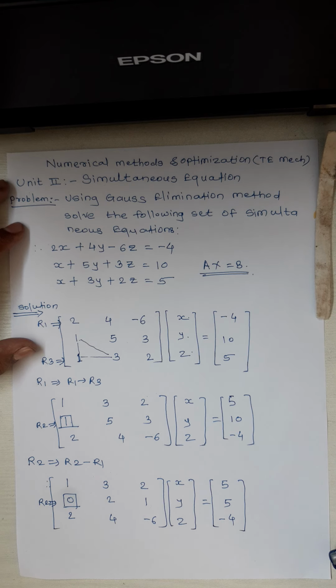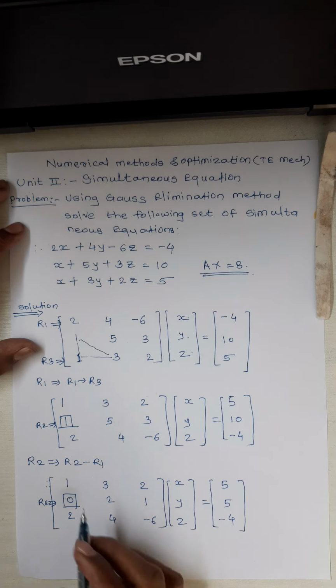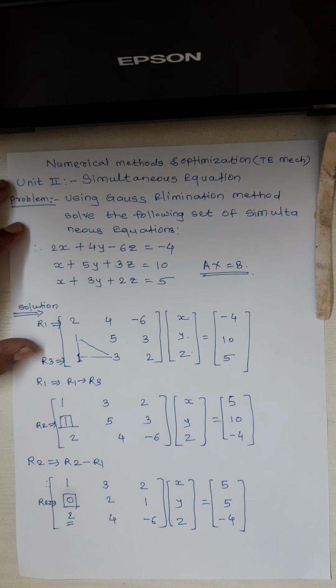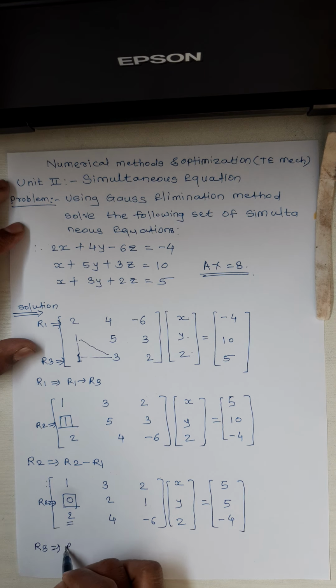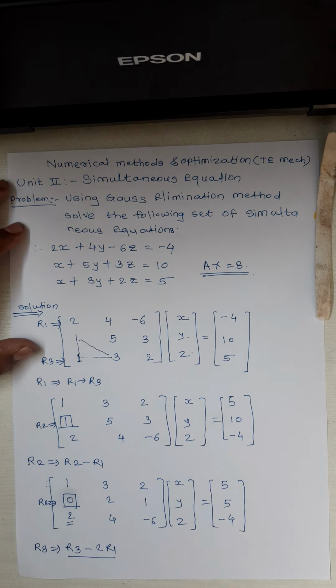Then students, next step is we have to convert this 2 into 0. How to convert this 2 into 0? By performing the operation on row 3 as R3 minus 2R1, so that instead of 2 we get 0.